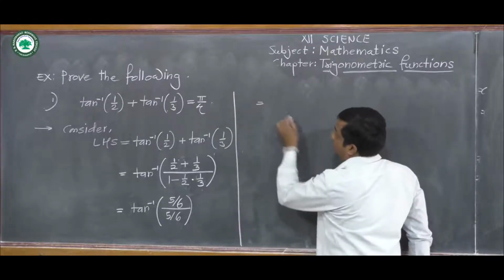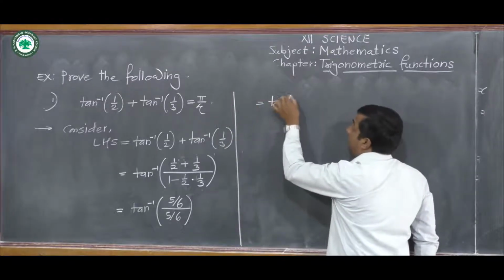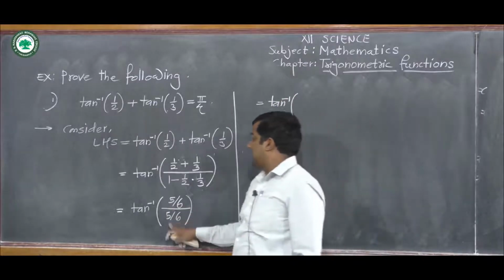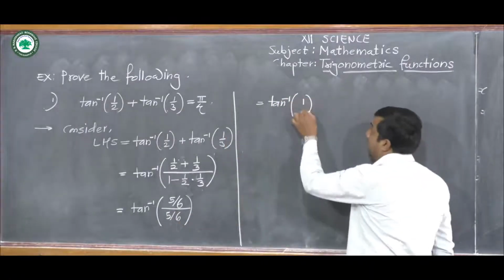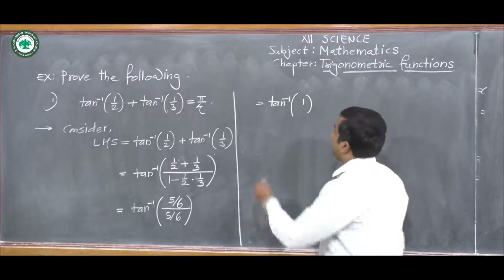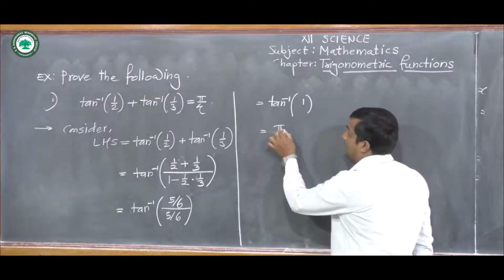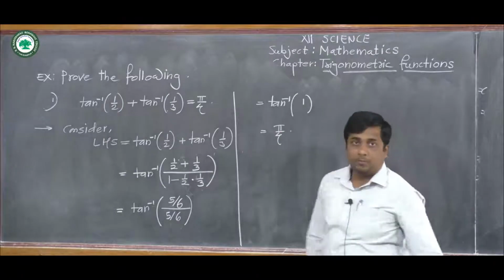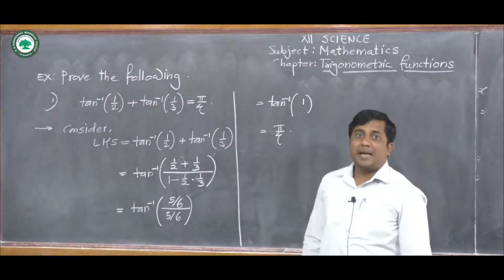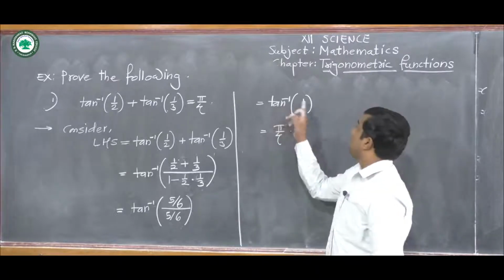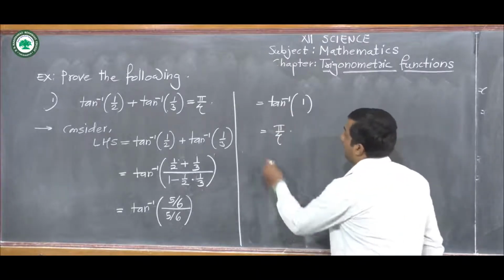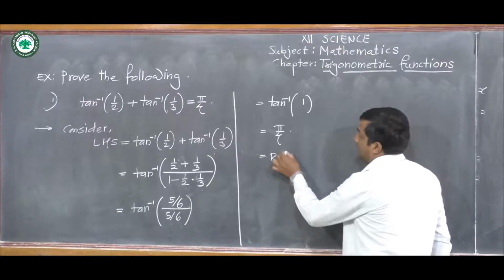So in the next step, this is equal to tan inverse of 5 by 6 upon 5 by 6, which is 1, and we know tan inverse of 1 is pi by 4. That is, the value of tan pi by 4 is always 1. So tan inverse of 1 is pi by 4, and this is our RHS.